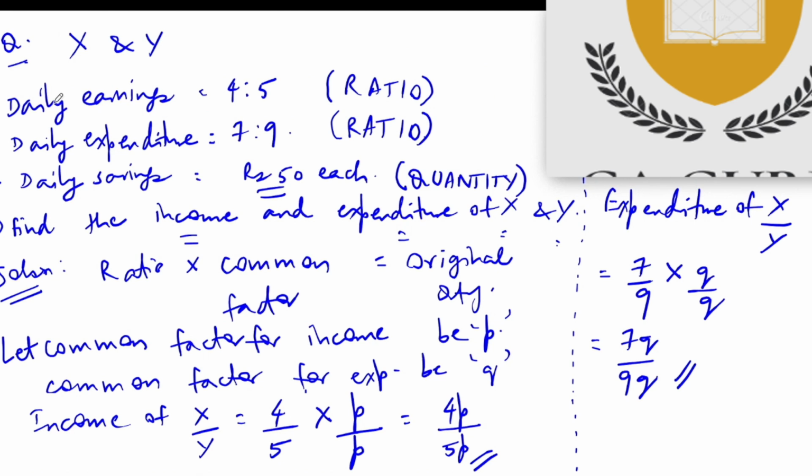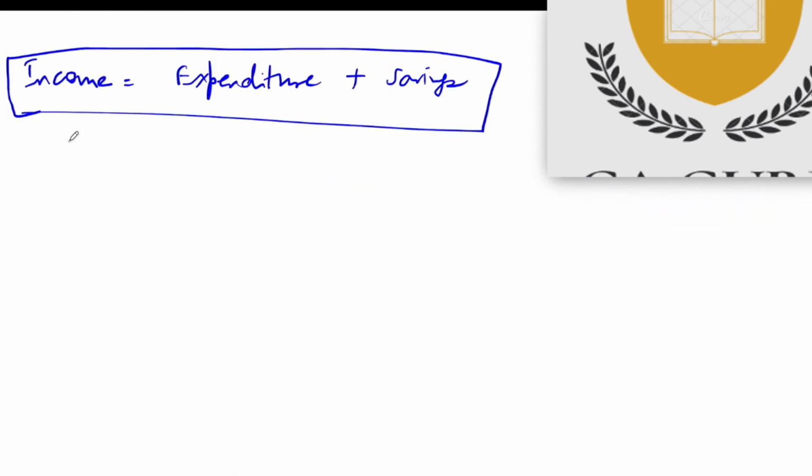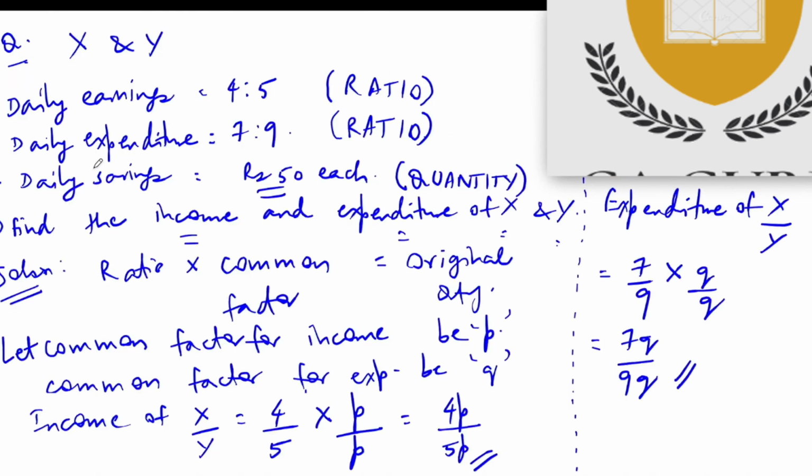So let us see for X, what is the income? The ratio, the input data, is 4P by 5P.